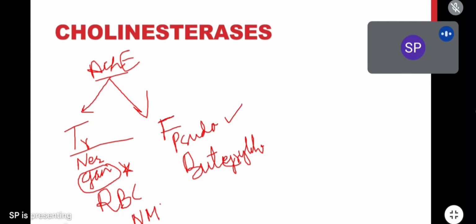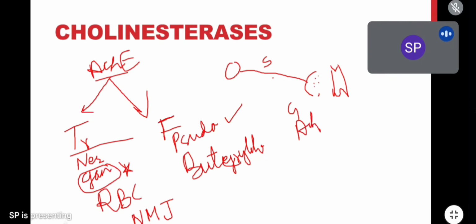What is the neuromuscular junction? Neuromuscular junction is where a somatic nerve directly innervates the muscle. Some somatic nerves may release GABA, some will release acetylcholine, some will release adrenaline. They can release anything.